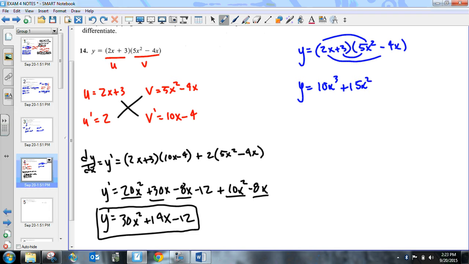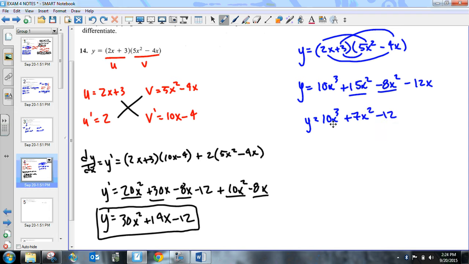And then I've got 2x times negative 4x, that's minus 8x squared. Okay. And then 3 times negative 4x gives me minus 12x. Okay, I can combine these like terms here. So I've got y is equal to 10x cubed, and this is plus 7x squared, and then minus 12.